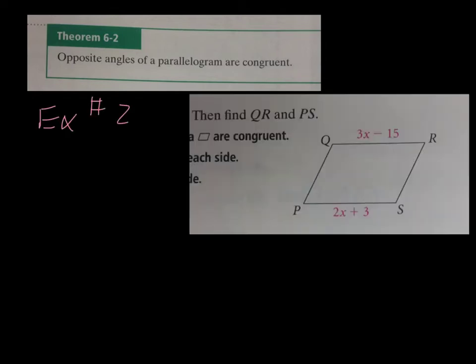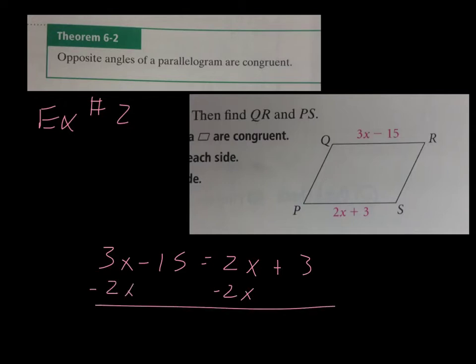Example number 2 asks us to find QR and PS. Well, since we know opposite sides of a parallelogram are congruent, we are simply going to set 3x minus 15 equal to 2x plus 3. To solve this, we will subtract 2x from both sides. We'll get x minus 15 equals 3. Then we will add 15 to both sides and get x to equal 18.